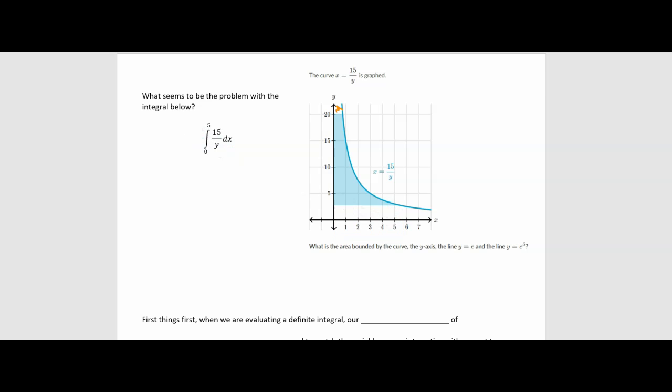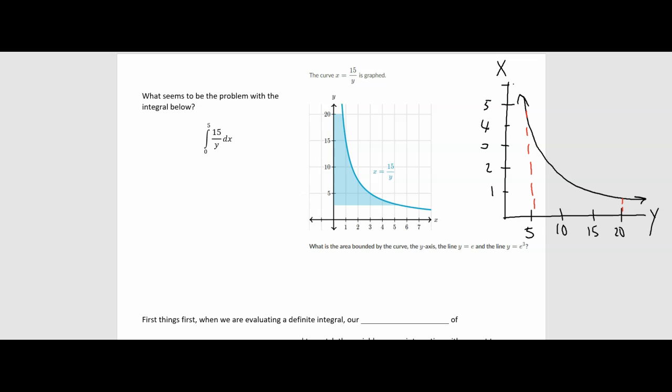Fortunately, we have another possibility. We could write this in terms of y. So what I did here, I actually rotated this graph a little bit, just so that we see it visually how we've been seeing these before. I rotated it 90 degrees. You can think about rotating it 90 degrees in the counterclockwise direction.